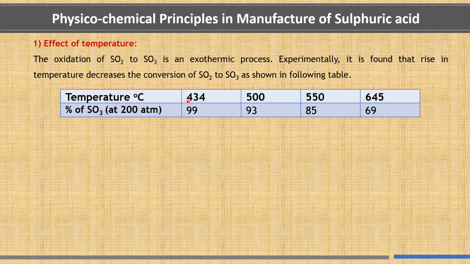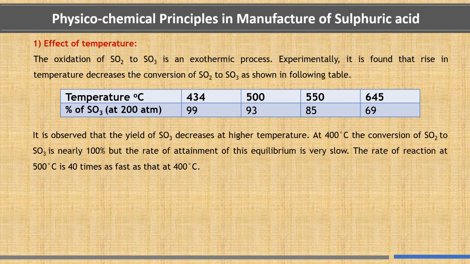When the temperature is 433 degrees Celsius, the conversion of SO2 to SO3 is 99%, and when the temperature is 645 degrees Celsius, the conversion is 69%. It is observed that the yield of SO3 decreases at the higher temperature.